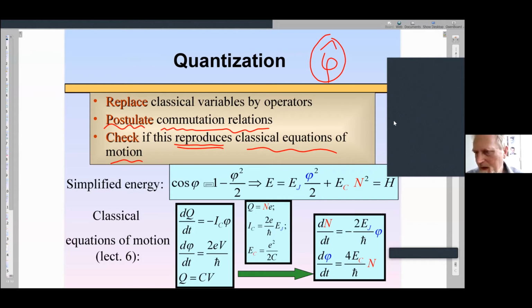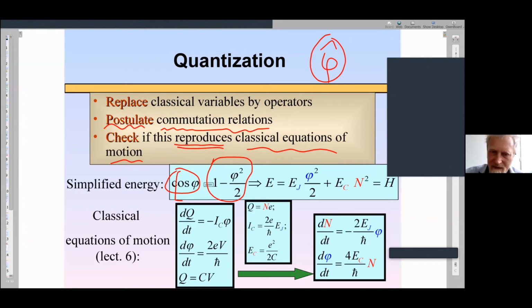I want to simplify a bit the energy which I deal with. Instead of cosine phi, I would like to use the expansion of this energy at small phi. And in the charging energy, I just keep the gate electrode for simplicity.